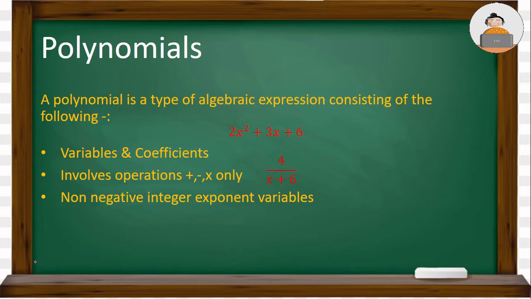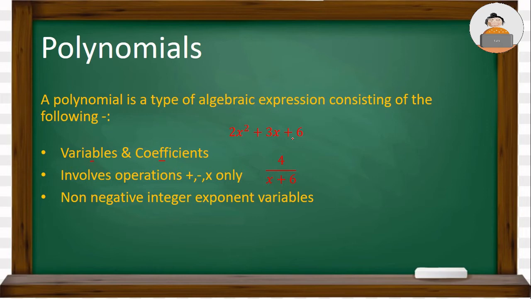A polynomial is a type of algebraic expression consisting of variables and coefficients. As you can see here, I have taken an example of a polynomial, 2x square plus 3x plus 6, where x square, x are the variables, 2 and 3 are the coefficients, and 6 is the constant term of the polynomial. We will be discussing these terminologies in detail later.